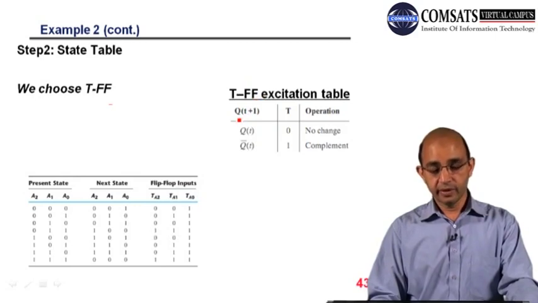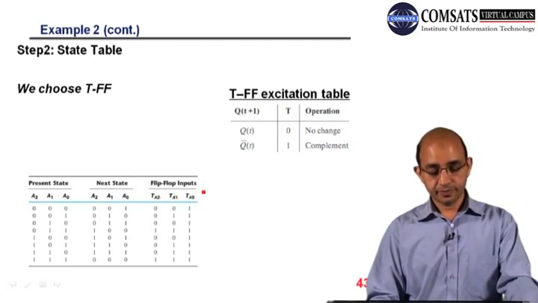You can see we have the next state, and this is T, and this is the operation or comments. For present state, when we have T equal to 0, no change. When T is 1, the next state is the complement. So present state, next state, and these are the flip-flop inputs.